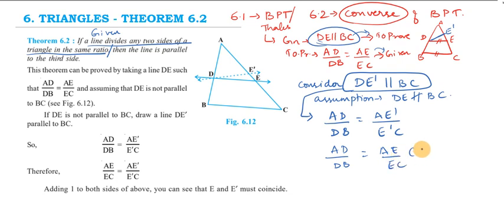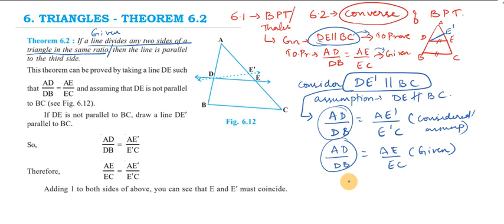So this is what is given, and the other is our assumption. Now, when we compare these two, the left hand side, that is AD by DB, is common here. So we can equate the right hand sides. So I'll get AE dash by E dash C is equal to AE by EC.